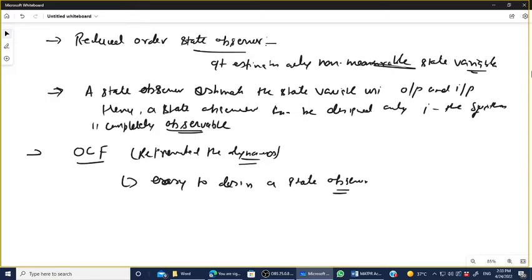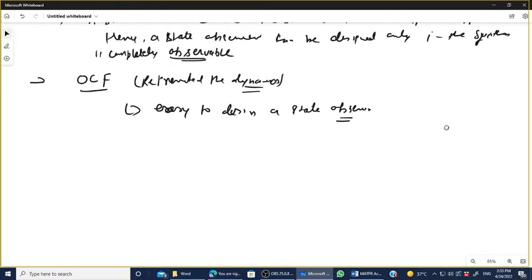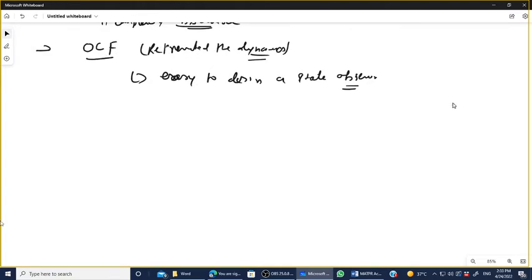Now, what is the principle of observer design? Now we are going to discuss. So, the principle of observer design.